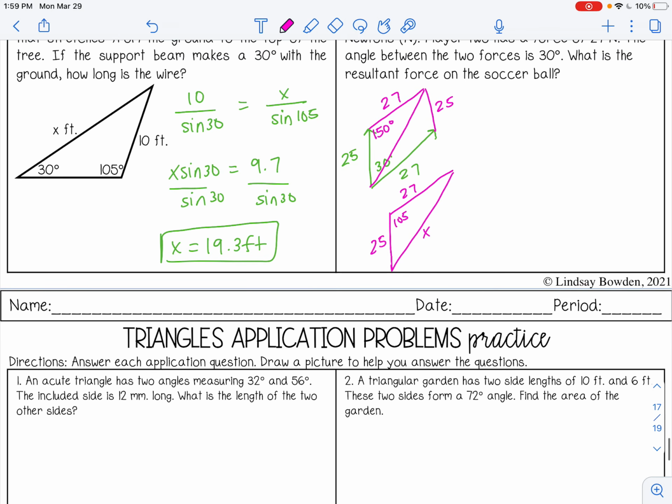So I'm going to use law of cosines here. This is 150. All right, so I'm going to type that in my calculator.